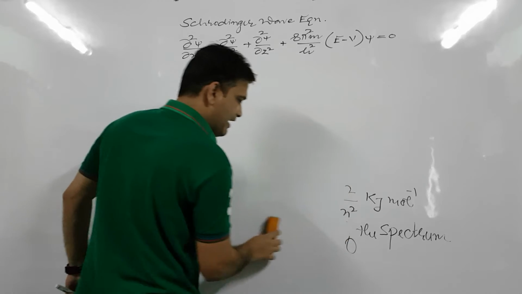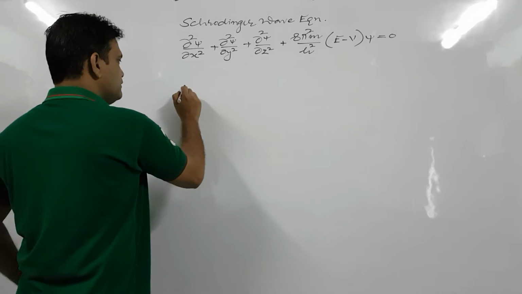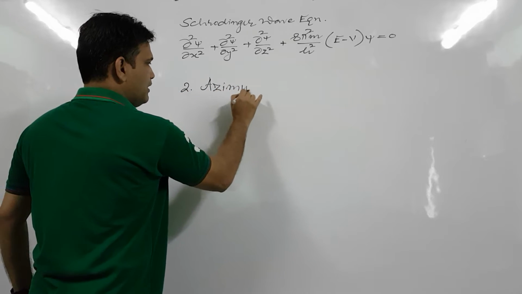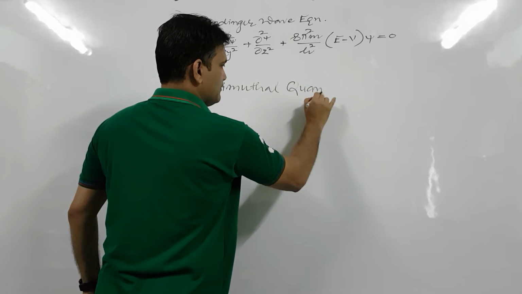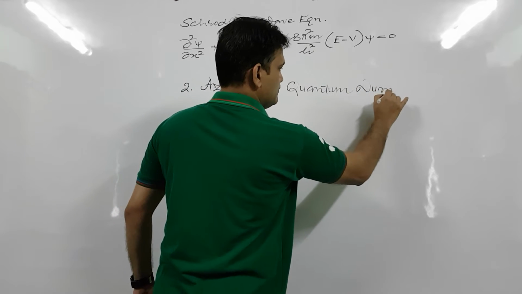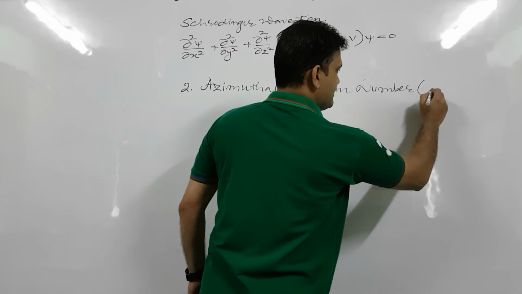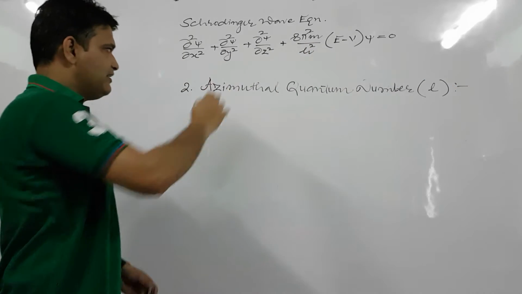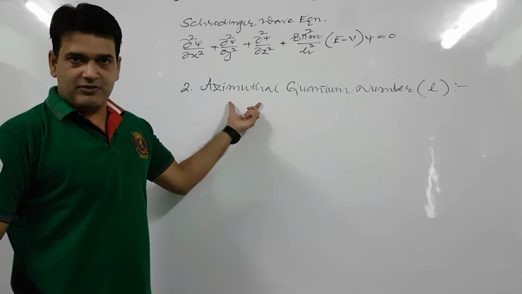Now we will have azimuthal quantum number. Number 2, azimuthal quantum number. It is represented by l, and azimuthal quantum number has so many other names also.